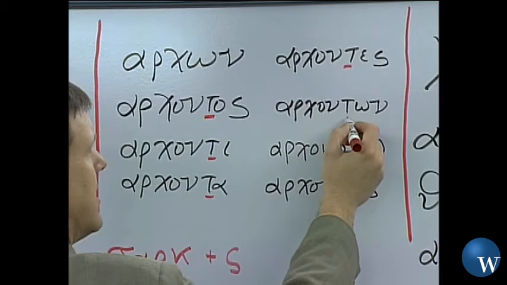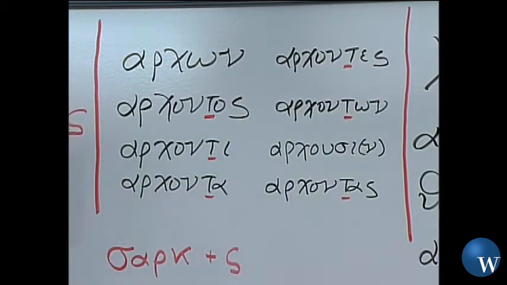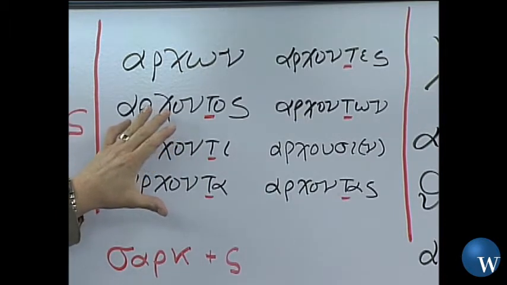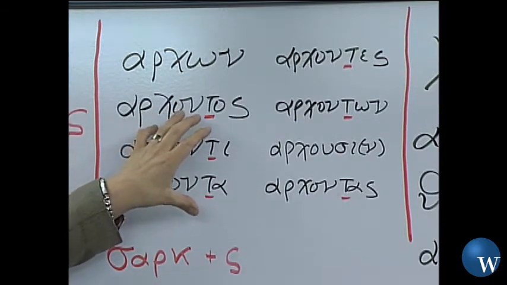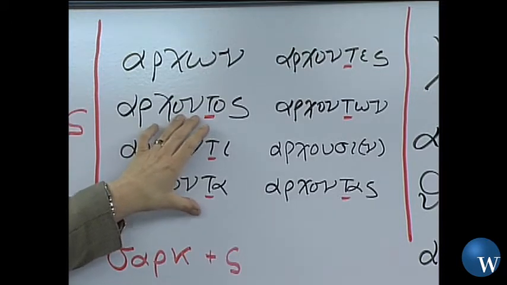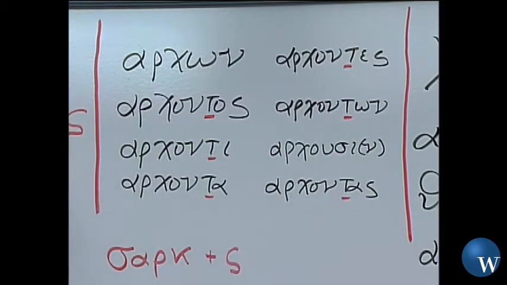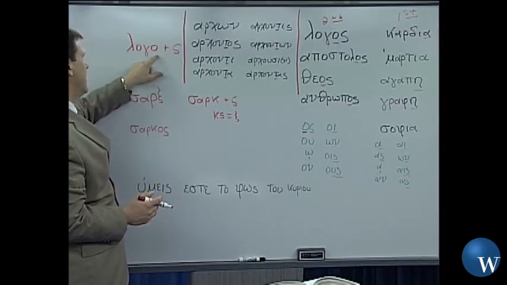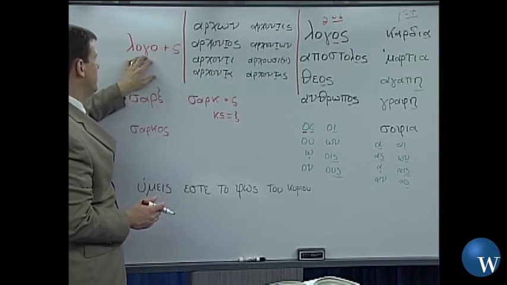Here's our tau that ends our stem. Now, part of the problem that we run into is figuring out exactly what the stem is. Because if you'll remember, when regarding words that end in an omicron, the stem was an omicron, and we just simply added a sigma, and if we remove that sigma, we know what our stem is.